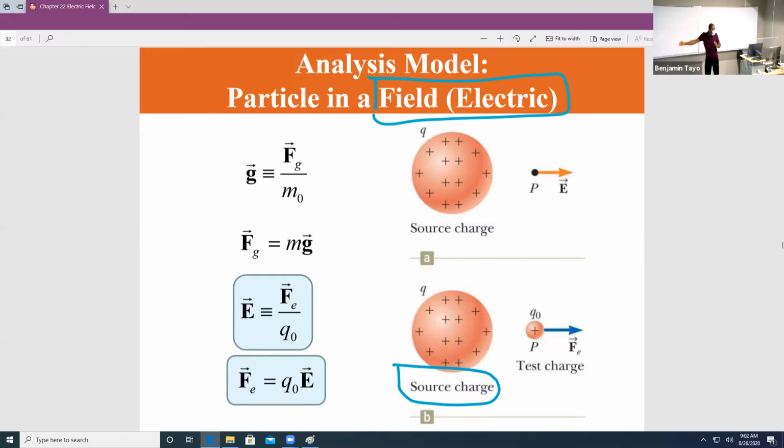So in this example here, my source charge, we're going to assume that this is not moving, right? The test charge is what is going to move.